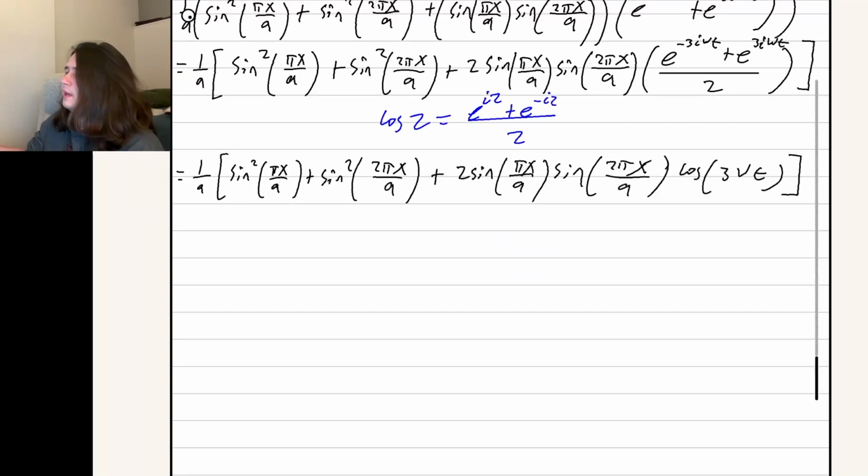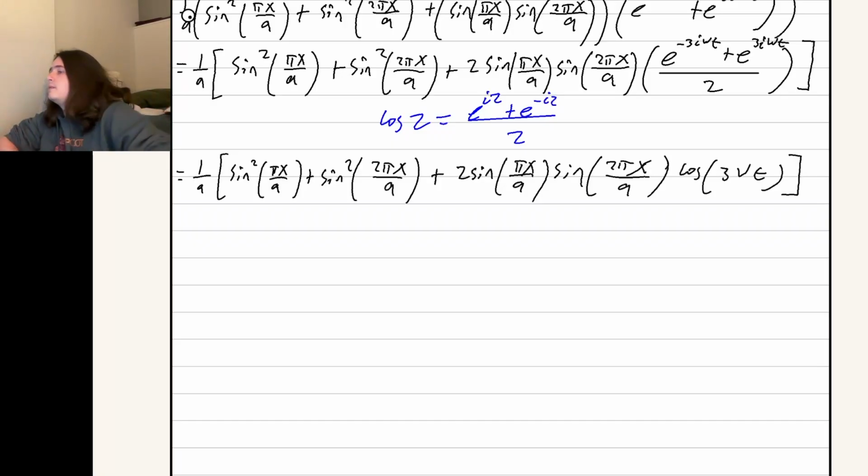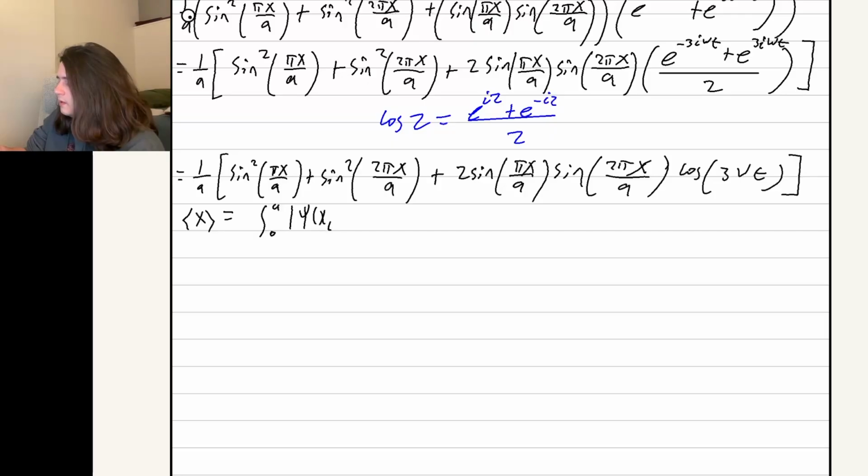Then the problem asks us to do something with that square modulus and calculate an expectation value for position, which will be given by the integral from 0 to a of the square modulus times x dx.